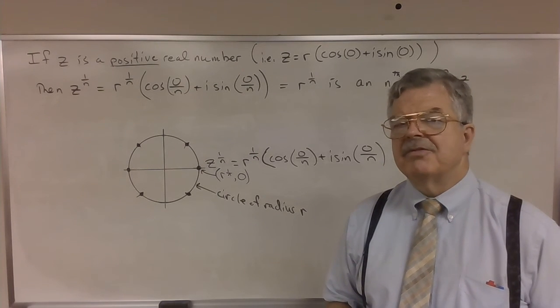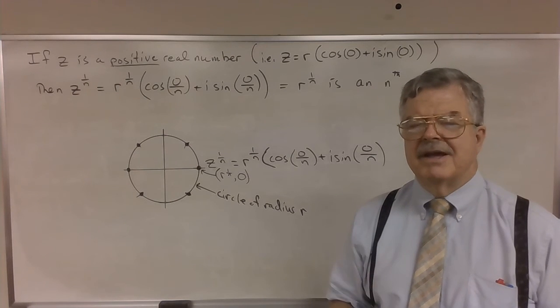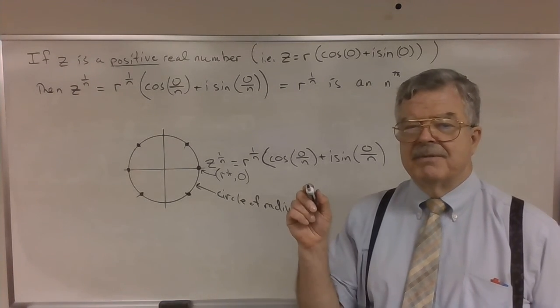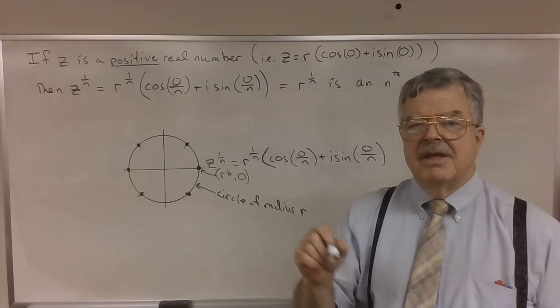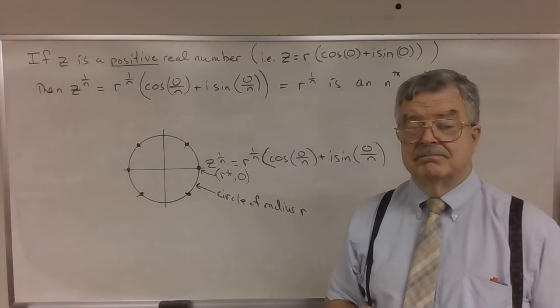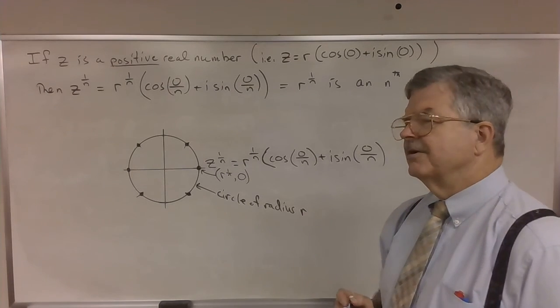In order to plot the roots of z on the unit circle, we have to find that first point. And then after we find that first point, we work our way around the circle in increments of 2 pi over n. And we'll have all n roots plotted on the circle.